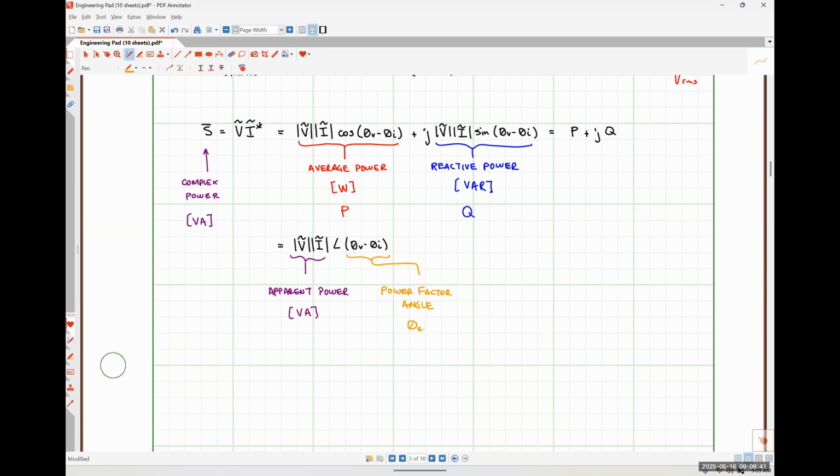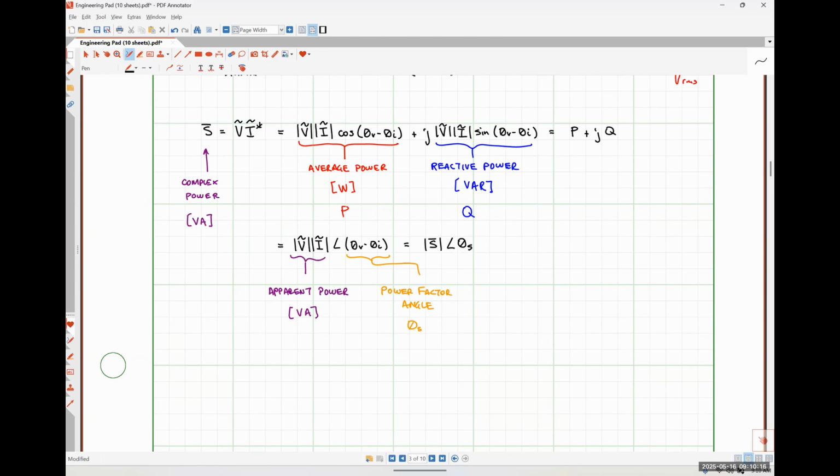So we'll find out that that is a very quick and easy way, if our impedance is known, to characterize the power characteristics of a lot of different electrical loads, like machines and all that kind of good stuff. Okay, so simplifying this down, we could say then that our complex power could be written as the magnitude of S, which is just our apparent power, with an angle of theta S.